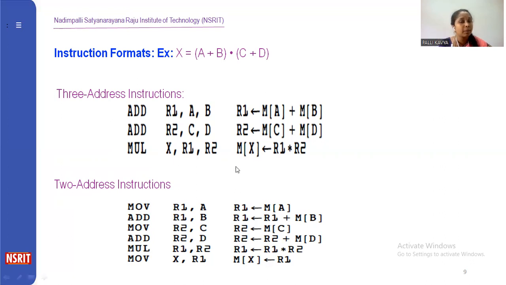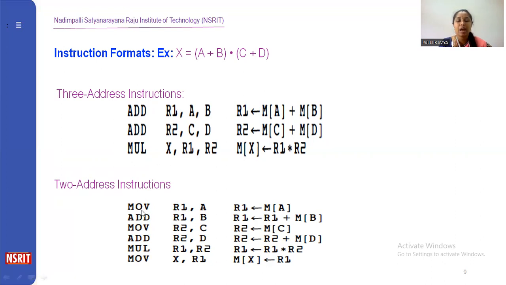With three address instructions we can easily perform the operation, but with two address instructions the number of instructions should be more. When compared to three address, the two address instruction needs more instructions. That is the main difference between the three address and two address instruction.